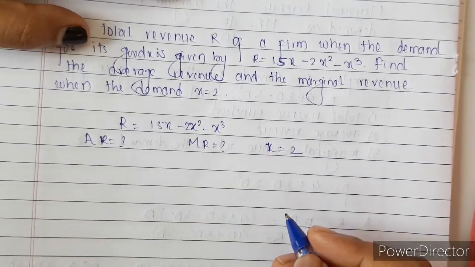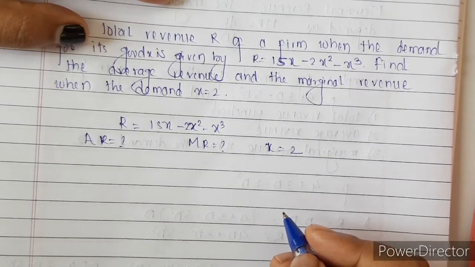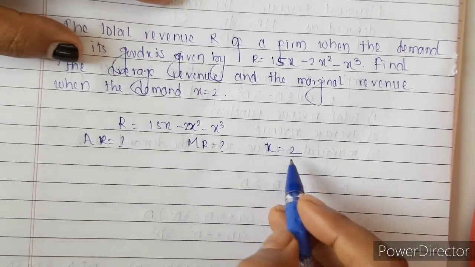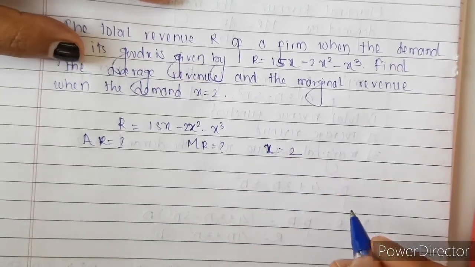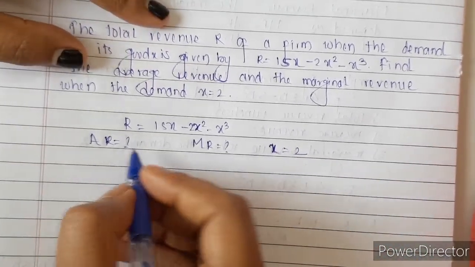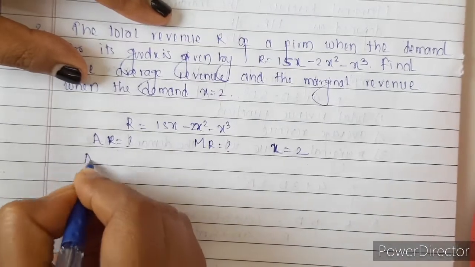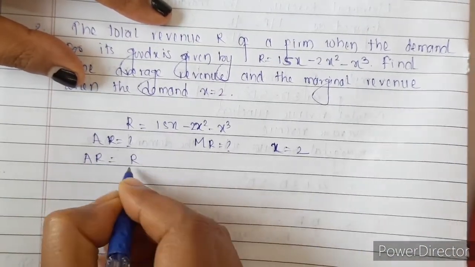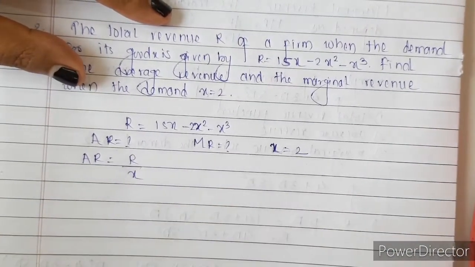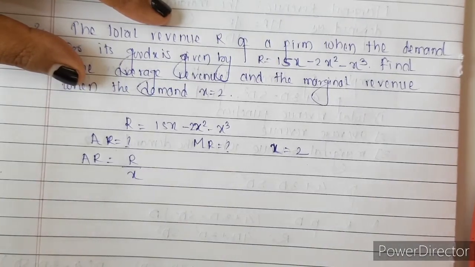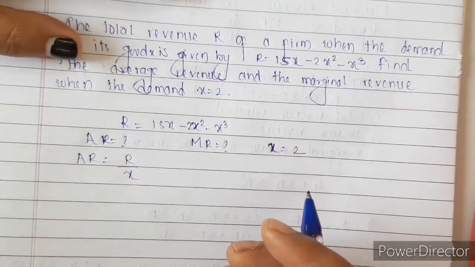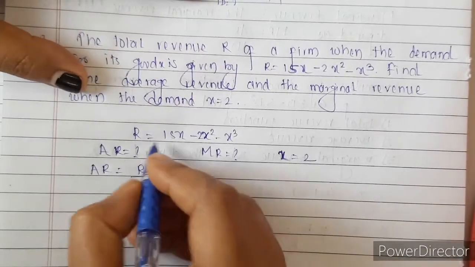Now in the previous example, demand was represented using the letter D, whereas in this case it is represented using the letter X. Okay. So first is average revenue. Now how do we find average revenue? It is nothing but revenue upon the demand, the quantity demanded or quantity sold. Okay. So what is revenue?